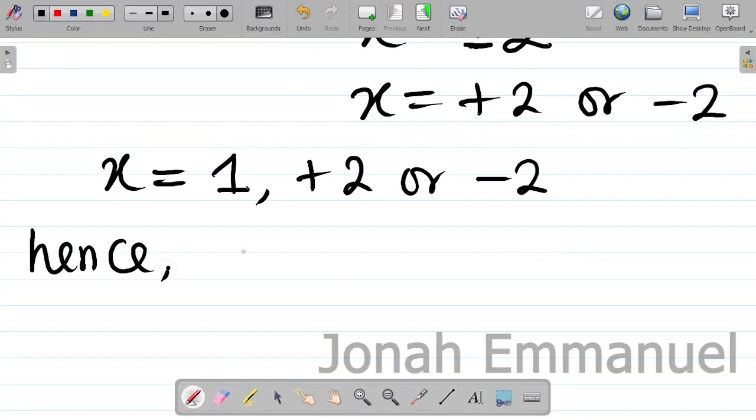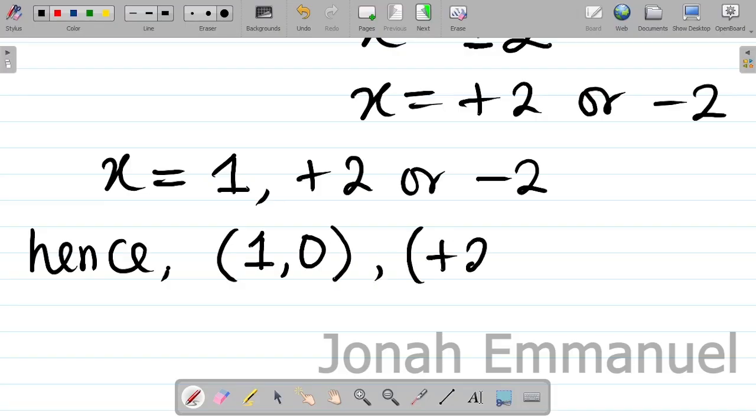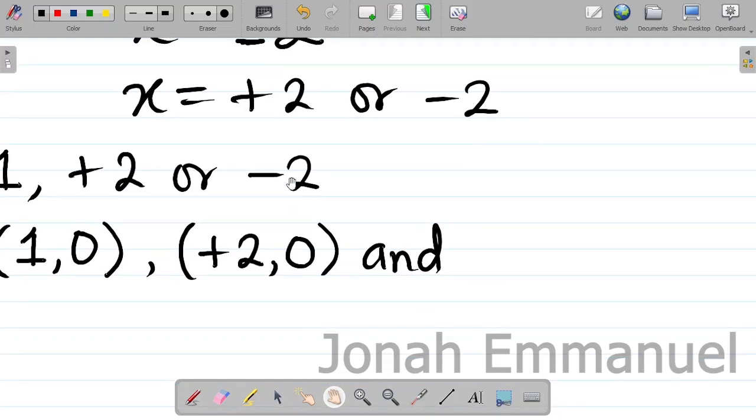Remember we write x before y. The first coordinate is 1, 0: when x is 1, y is 0. The second coordinate is plus 2, 0: when x is plus 2, y is 0. And the third coordinate is minus 2, 0: when x is minus 2, y is 0. So we've gotten our points here.